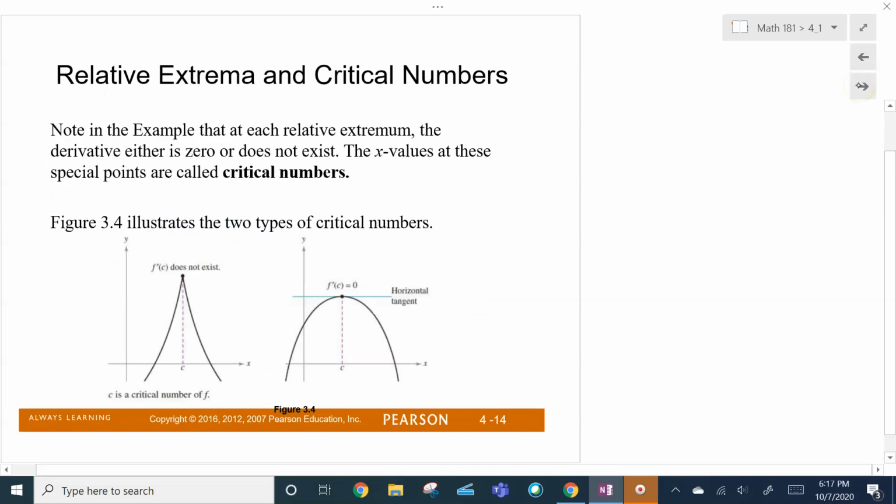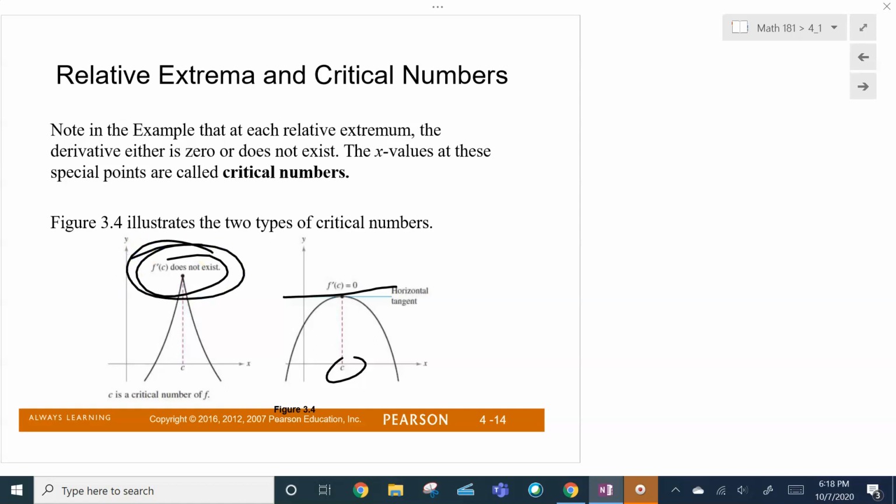So these are referred to as critical numbers. If you've got a horizontal tangent, you've got a critical number at c, or if it's undefined. Now this is with a caveat here. Remember, it depends on the textbook. Critical numbers are always where you have a horizontal tangent, but it depends on the authors whether they consider a critical number to be where it does not exist.